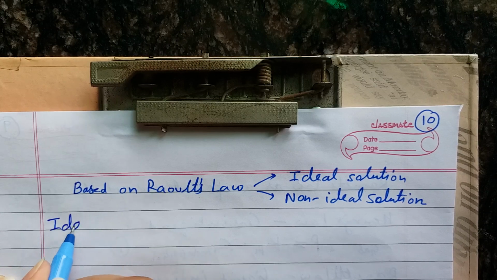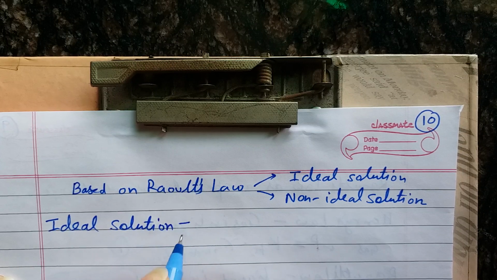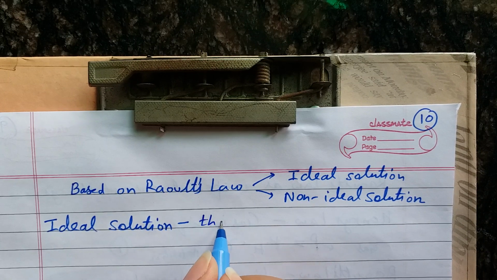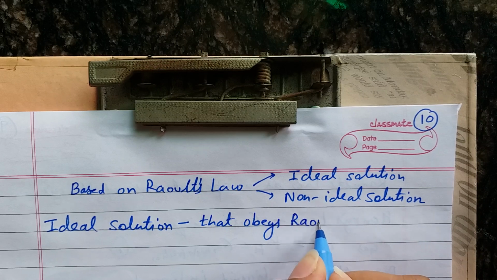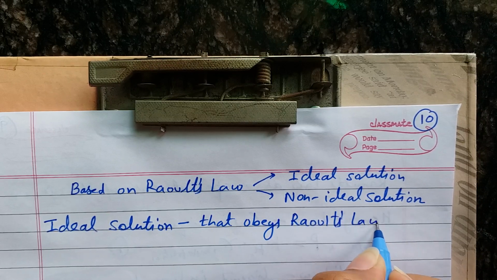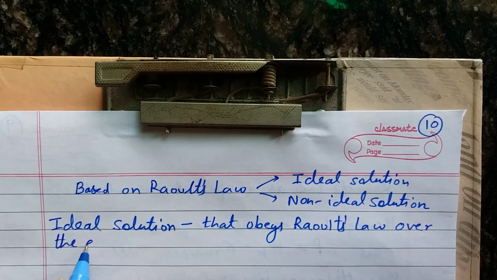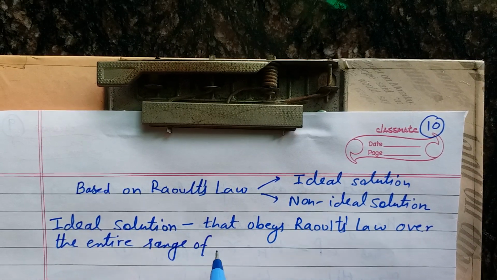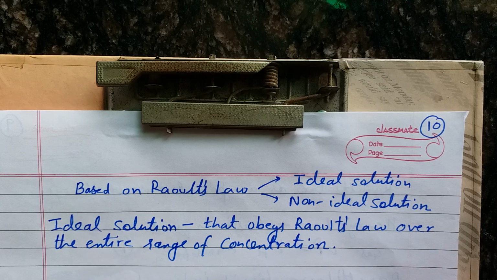So let's see how we define or categorize a solution as an ideal solution. So what is an ideal solution? A solution that obeys Raoult's law over the entire range of concentration.